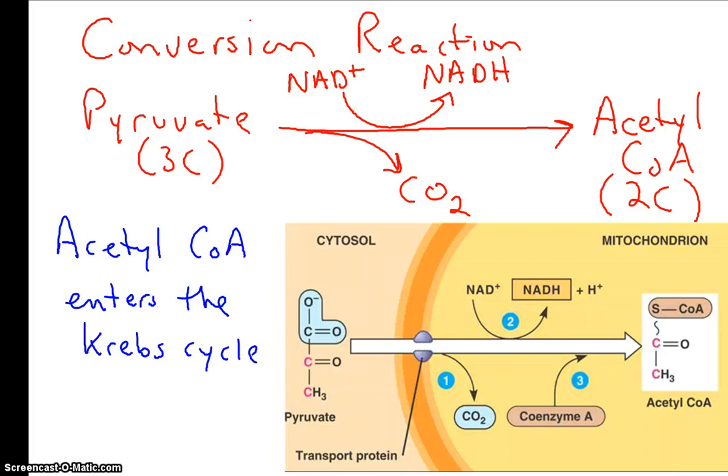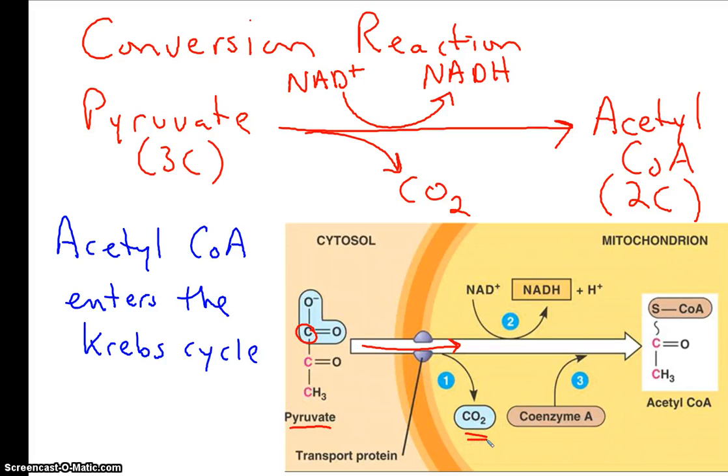The first thing we need to talk about is called the conversion, or sometimes the transition reaction. What happens is, as that pyruvate that we have left over from glycolysis moves into the mitochondria, it loses a carbon dioxide. It loses the first carbon as we go through.